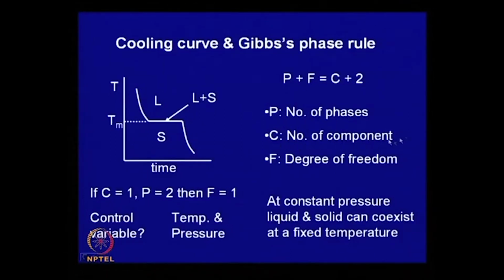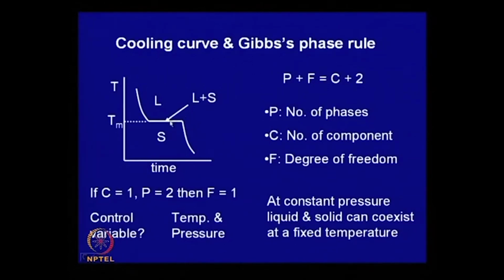Now, in case of a pure metal, the component is just one metal, so the number of components is 1 and F represents degree of freedom. So, basically it is the number of control variables that you have. Basically here the control variables are temperature and pressure.